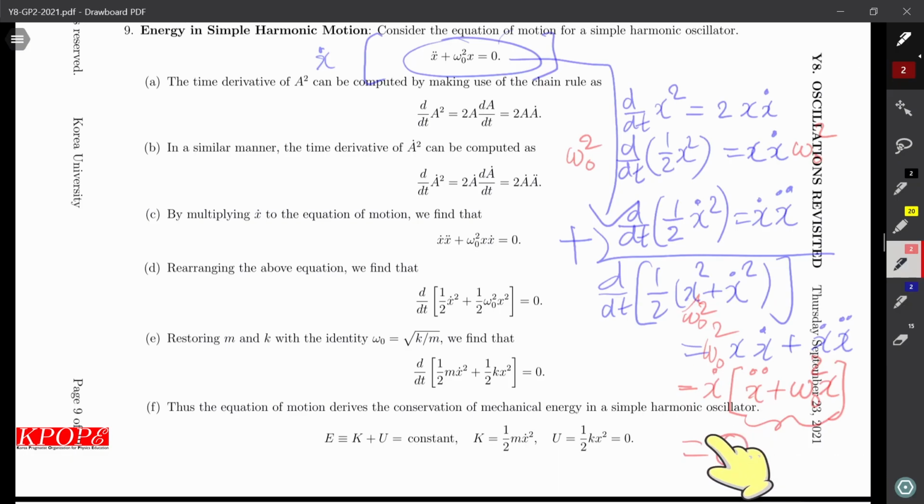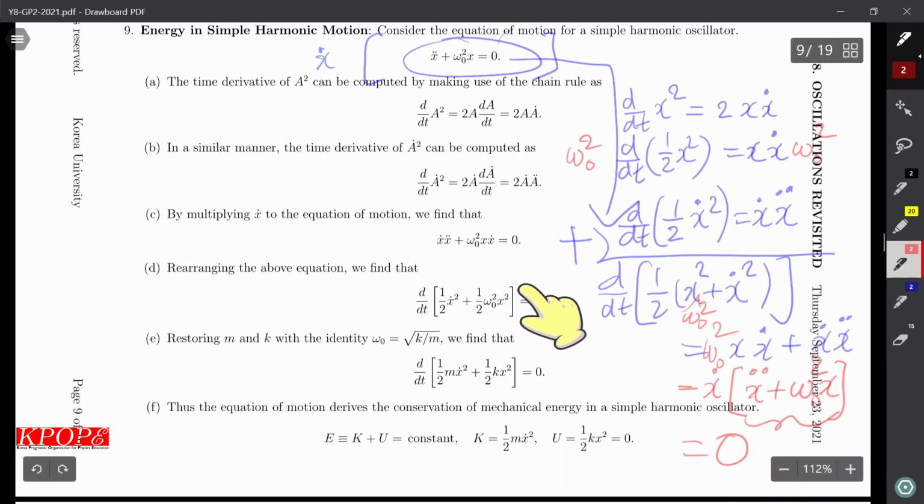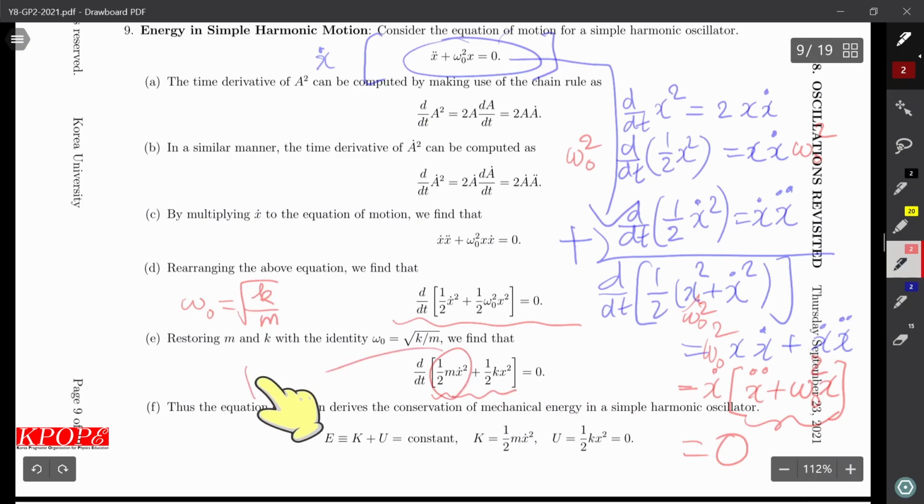What does it mean? If we consider omega 0 squared is k over m, this expression is simply expressed as this. What is that? This is kinetic energy. And this is potential energy.